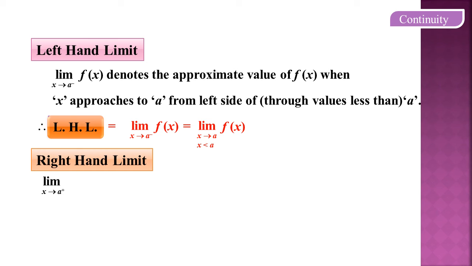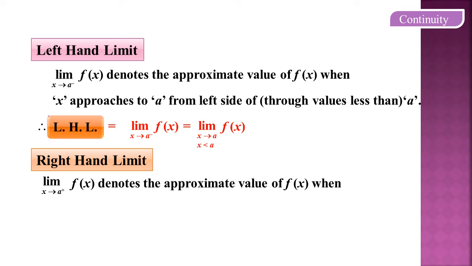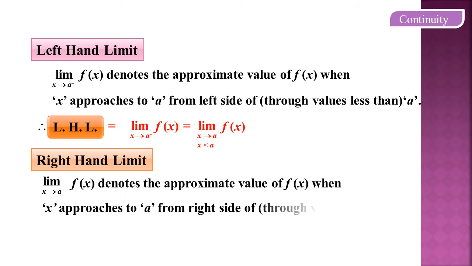Similarly, we'll take the right hand limit. Limit as x tends to a plus of f of x denotes the approximate value of f of x when x approaches a from the right side of the given point a. Again I repeat, x tends to a plus denotes choose the closest point towards a from the right hand.